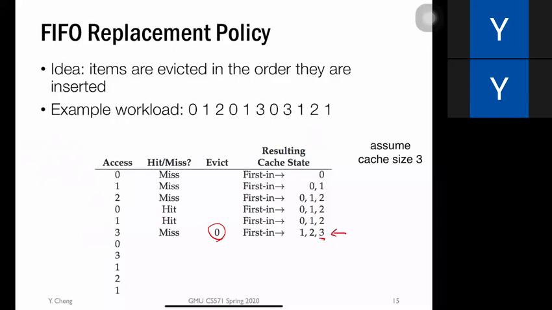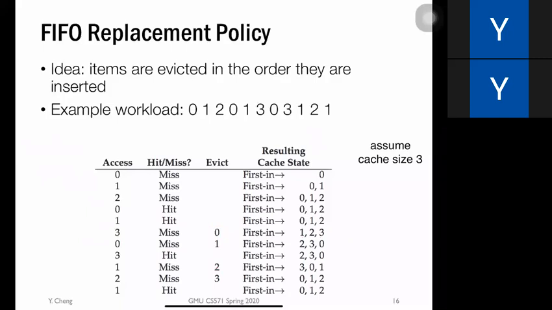Okay, and right now the new head is the oldest item among all that are currently residing within the cache. So you just apply the same rule back and forth.